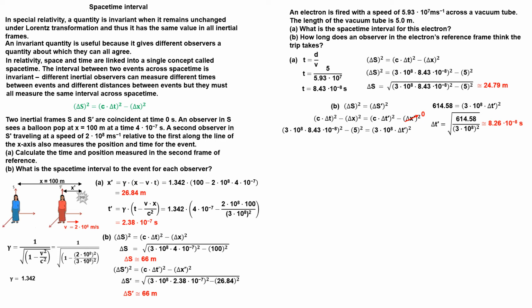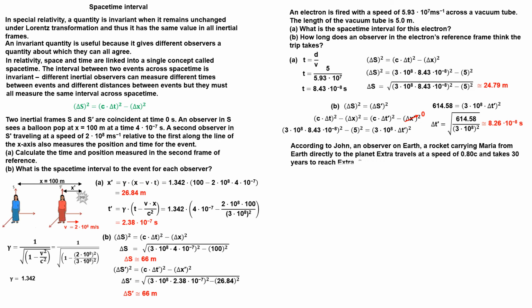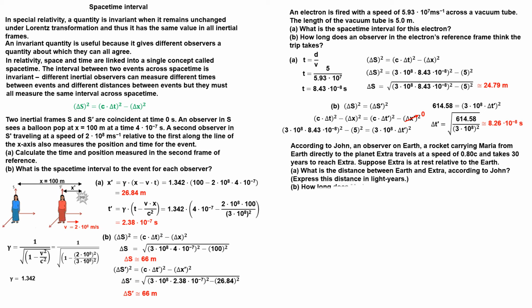Pay attention in the next example. First, let's find the distance between Earth and Zeta according to John.